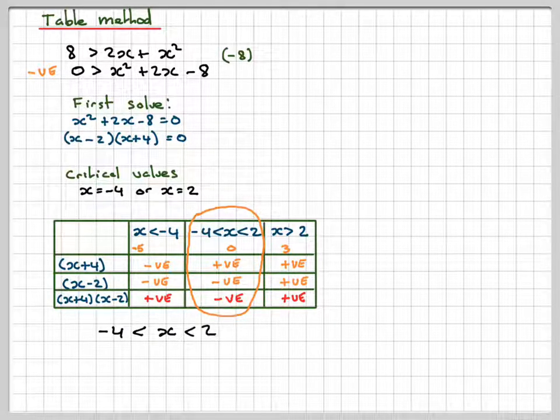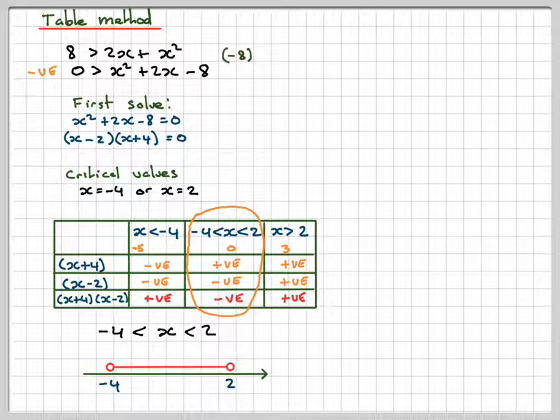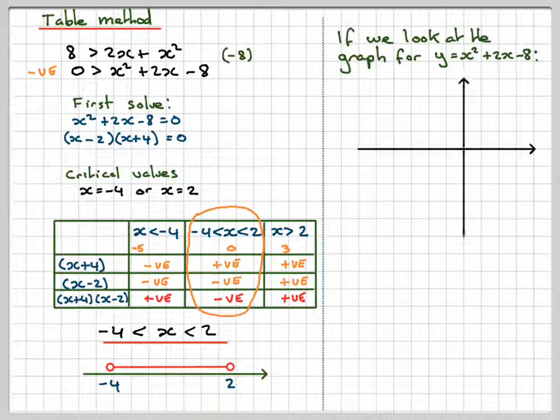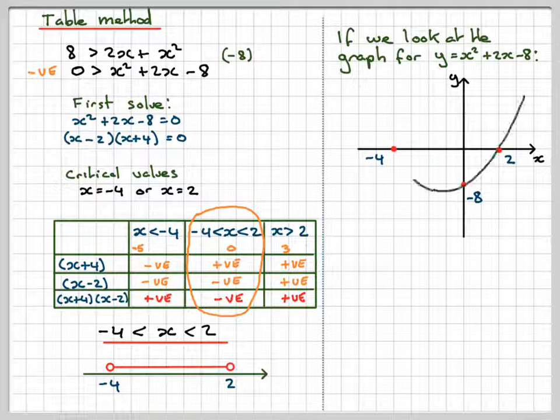So we can write down the answer of x being between minus 4 and 2, and if drawing on a number line it will look like that. Now, say I drew the graph of x squared plus 2x minus 8, which I could do. Before I did the other way around, the graph would look like that because it's now plus x squared.